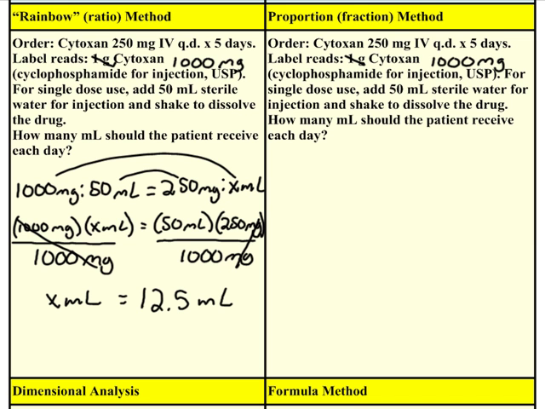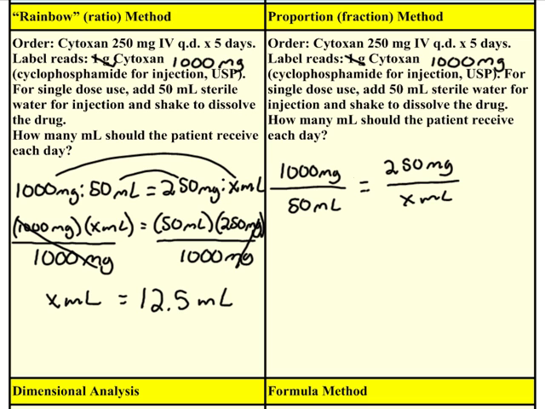We then can set up a fractional relationship between milligrams and milliliters according to the label. We can see that there's 1,000 milligrams in every 50 milliliters. The doctor ordered 250 milligrams, and we're looking for the equivalent amount of milliliters. We can solve this proportion by using cross multiplication.